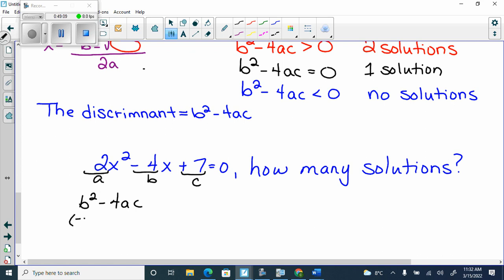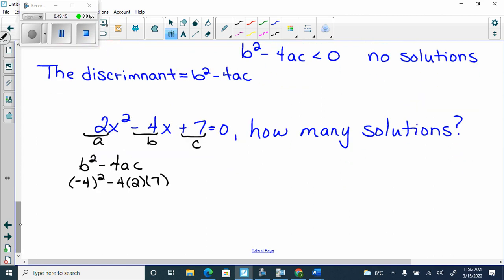So I'm going to do negative 4 squared minus 4 times 2 times 7. I immediately see this is going to be negative just because this is bigger than this. So I get 16 minus 56, which is negative 40.